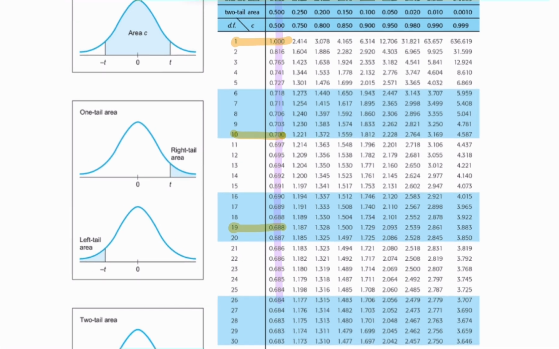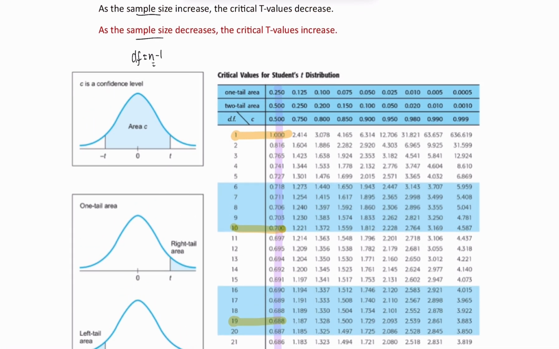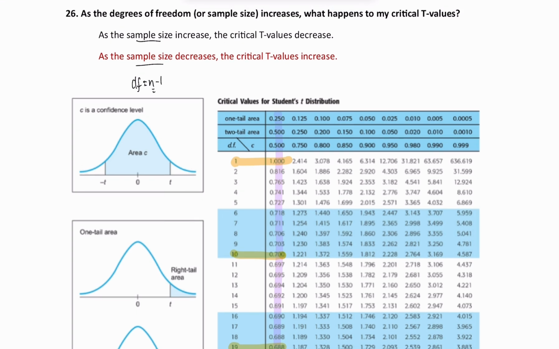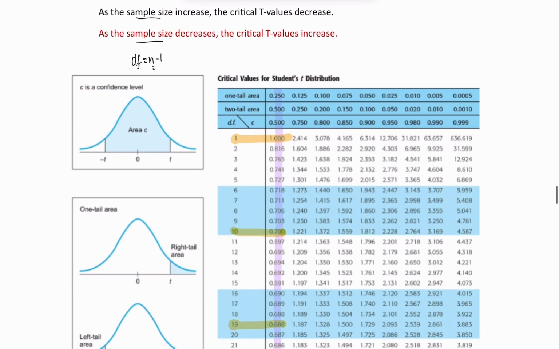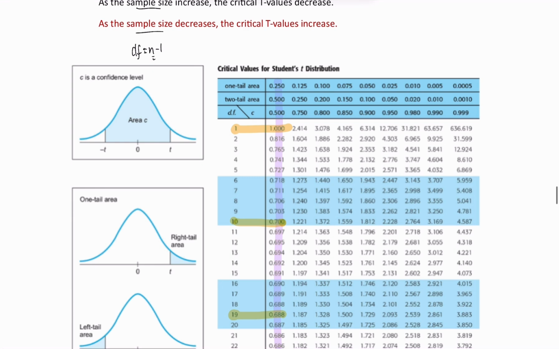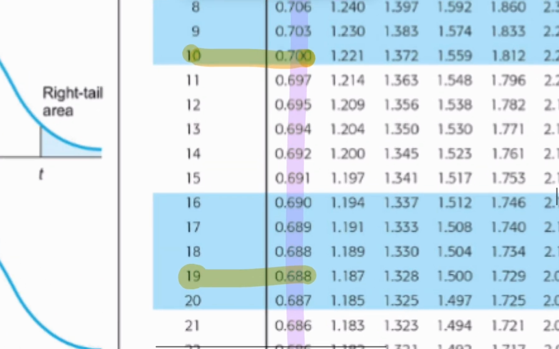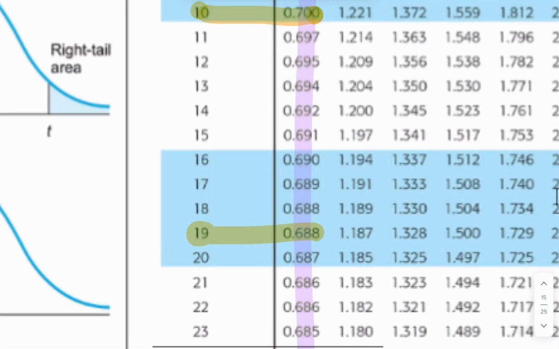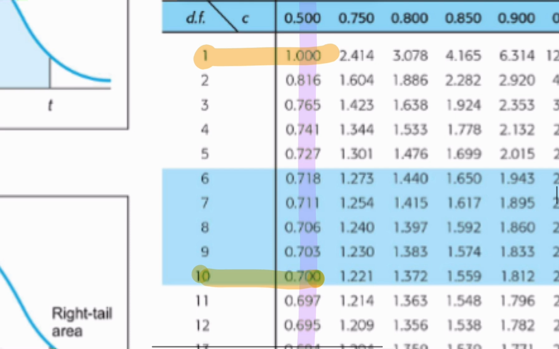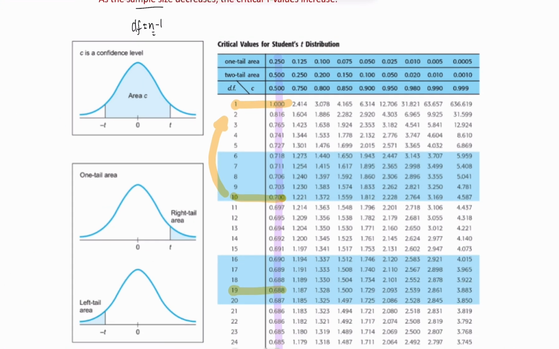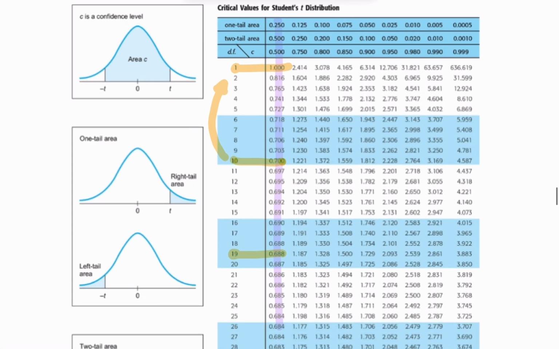So here it's just being able to interpret the chart and seeing what that trend is for the critical t values, okay? And vice versa, if we look at the values from 19 to 10, that value is increasing as we decrease our sample size, and from 10 to 1, the t value is increasing as we decrease our sample size. Okay.